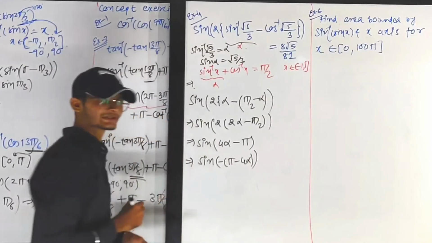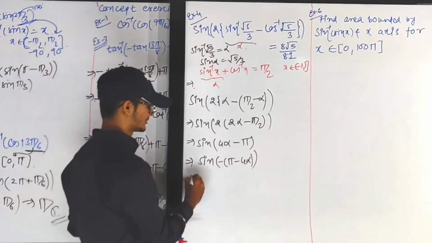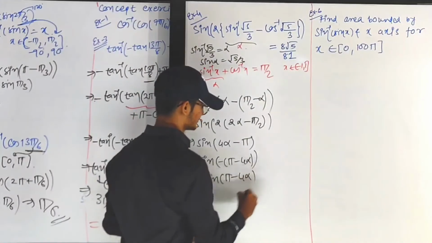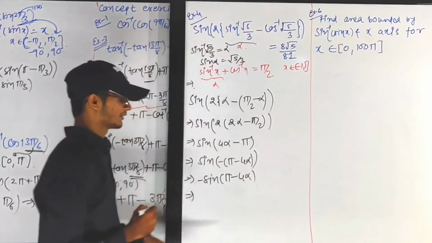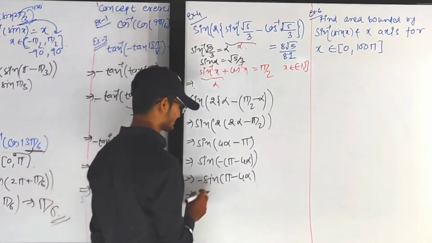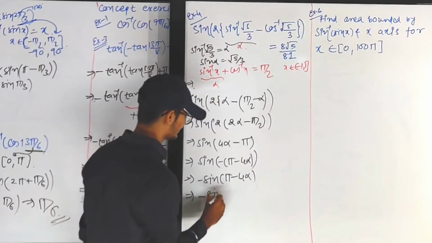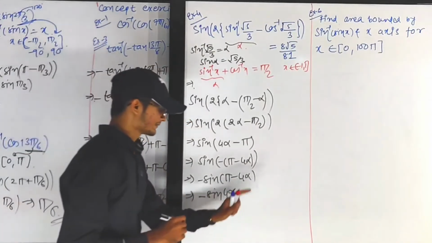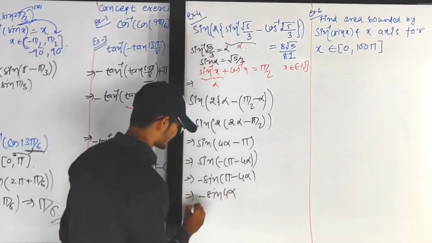So sine is an odd function, so minus comes out. So minus sine of pi minus 4 alpha. Now pi minus means second quadrant. In the second quadrant sine is positive, so directly we can write sine 4 alpha.